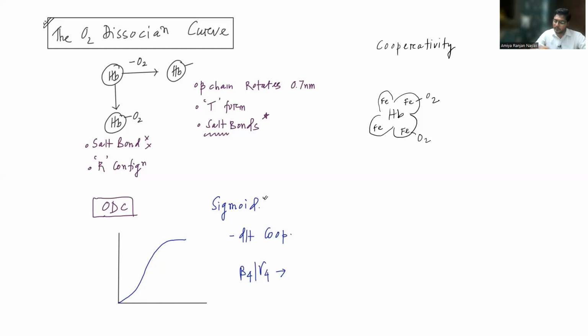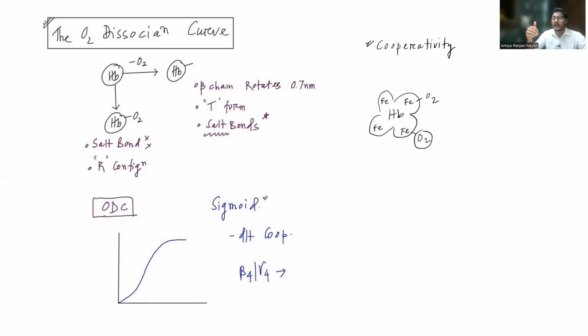Whenever you add 1 molecule of oxygen to 1 iron molecule, the other monomers will develop increased affinity for further oxygen binding. This is known as cooperativity. I'll tell it again. When 1 monomer binds to oxygen, the oxygen affinity of the other monomers will increase.